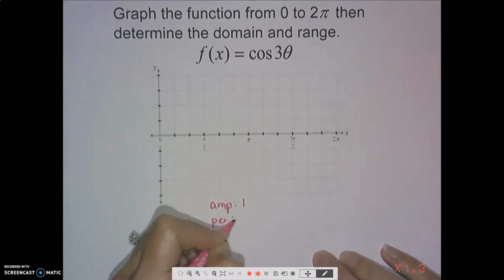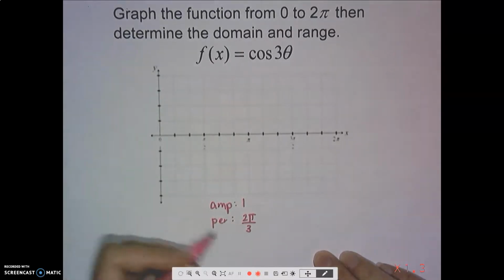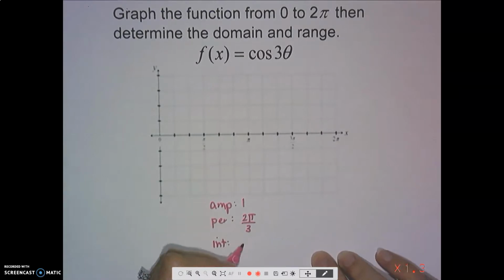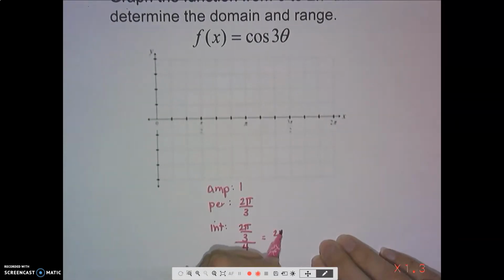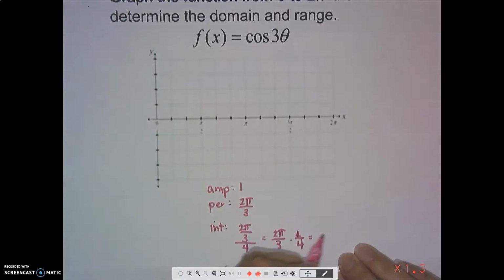Our period is 2 pi over 3, which means our intervals are happening at 2 pi over 3 divided by 4. So that would be 2 pi over 3 times 1 over 4. So at every 2 pi over 12 or every pi over 6.